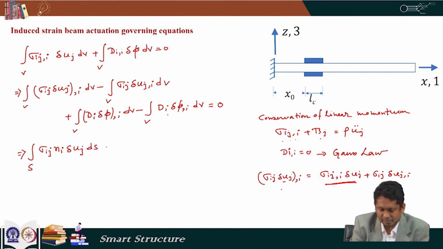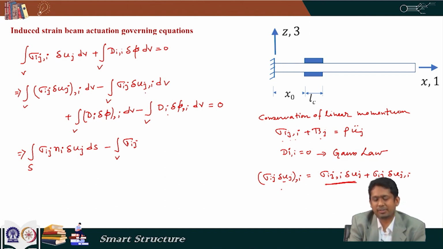then ds, and then we have sigma ij. So, uj comma i is epsilon ji, but we know that the stress tensor is symmetric, so we can write that as epsilon ij also.